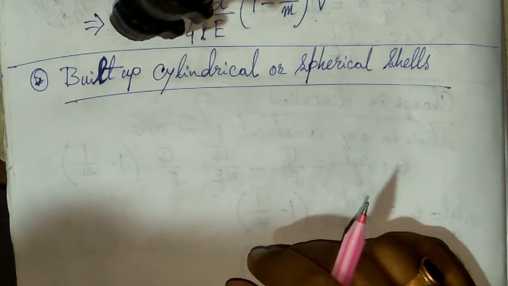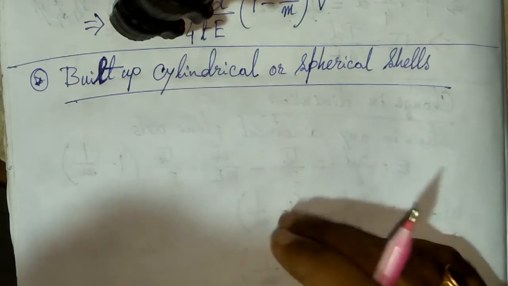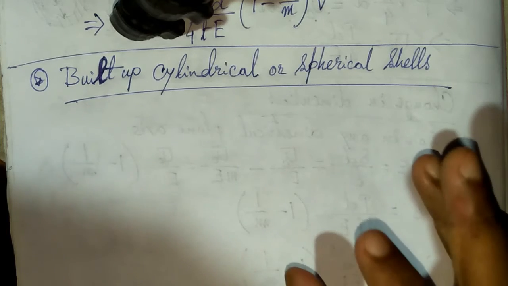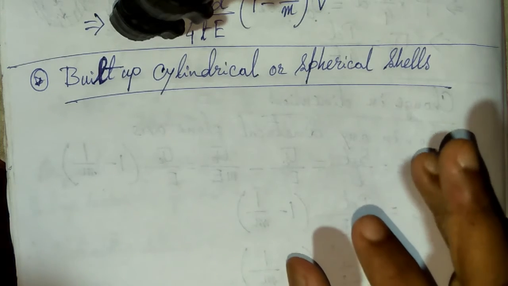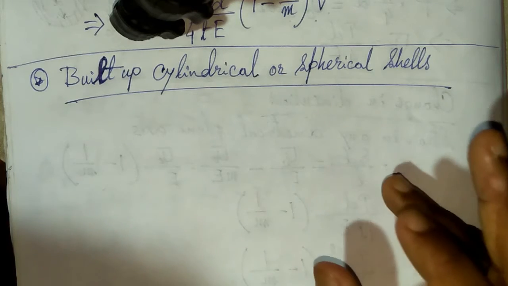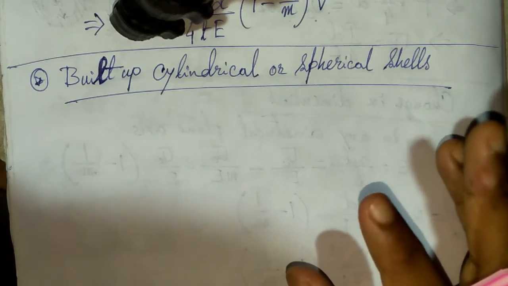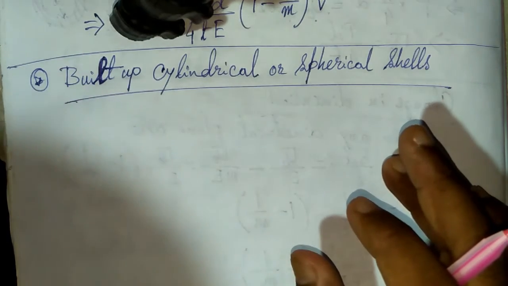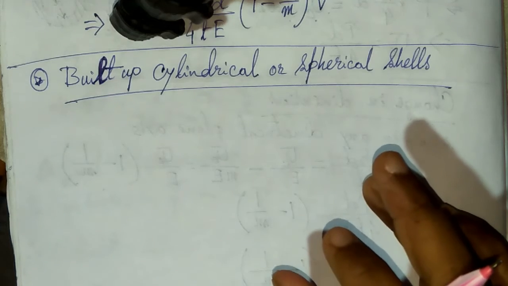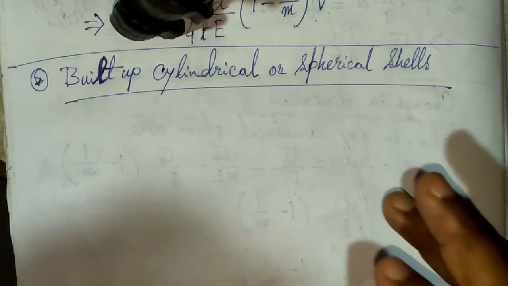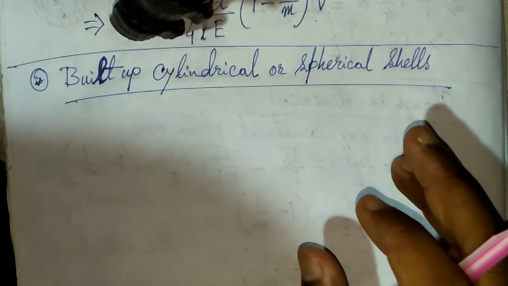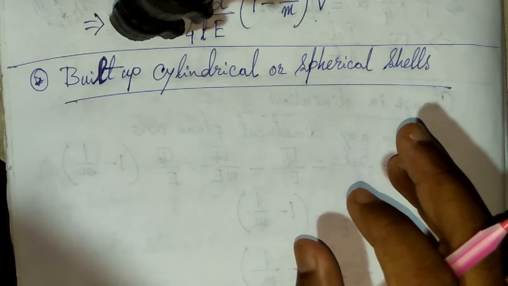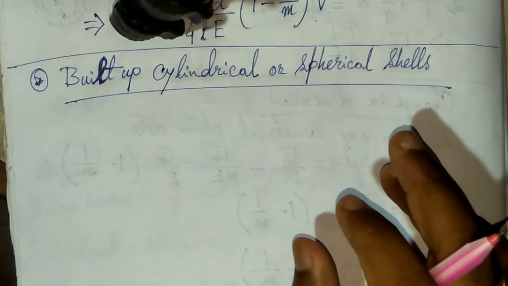The formula derived for the circumferential stress or longitudinal stress have been obtained with some pre-assumptions that the cylindrical shell is seamless, that is, solid drawn. But in actual practice, the cylindrical shells or spherical shells of large diameter, such as boiler shells, are not seamless, that means they are not without joints, but instead are built up by longitudinal and circumferential joints.